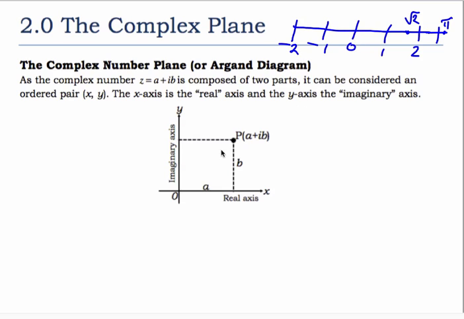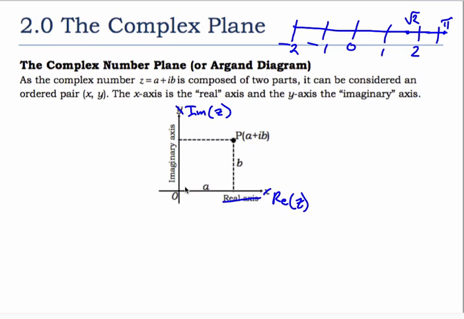Now when we introduce complex numbers, we can introduce an imaginary axis, and let's label this the imaginary part of a complex number, and the real part of a complex number.